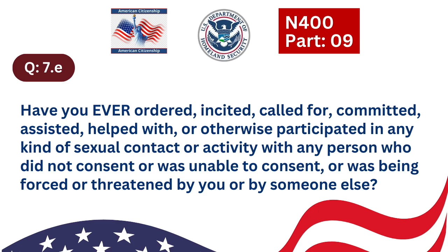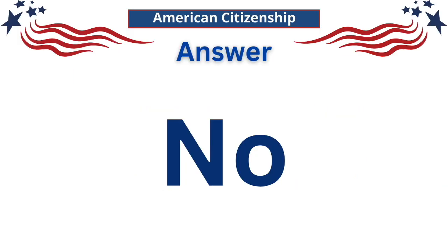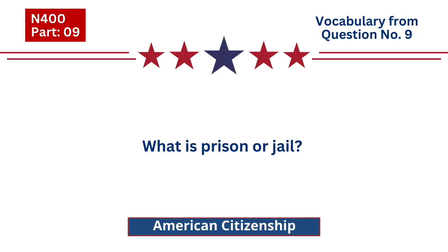Have you ever ordered, incited, called for, committed, assisted, helped with, or otherwise participated in any kind of sexual contact or activity with any person who did not consent, or was unable to consent, or was being forced or threatened by you, or by someone else? No. What is prison or jail?